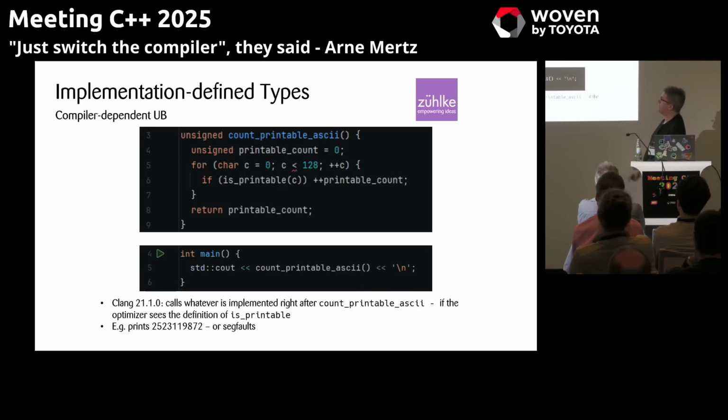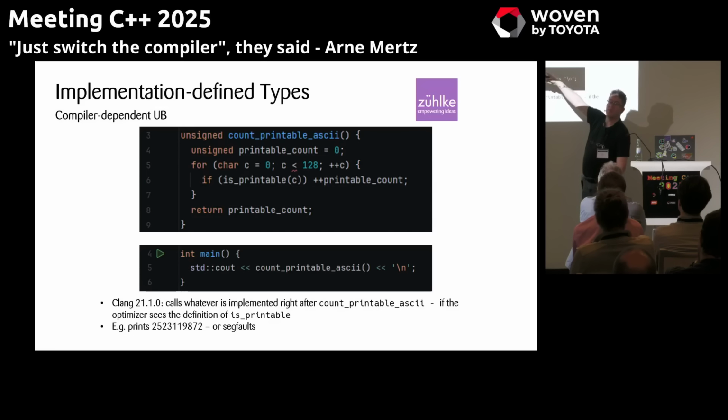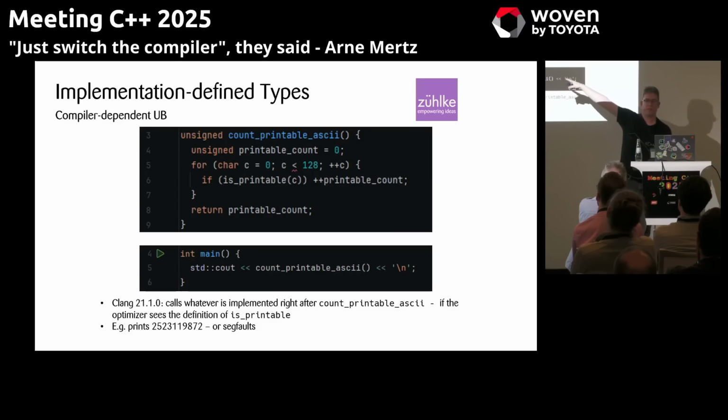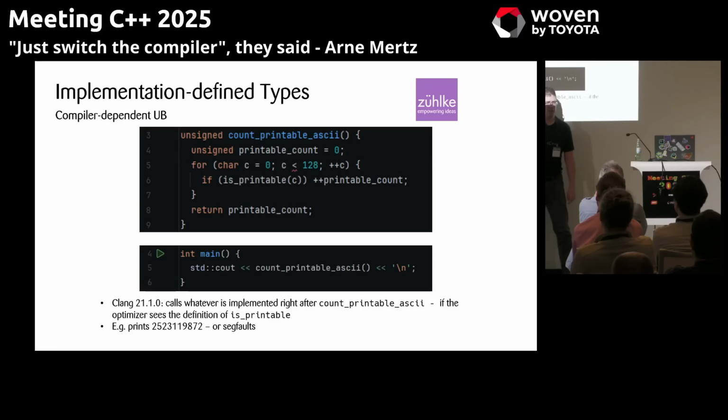And when you say, but I want to call this, then Clang says, well, let's see in the object file, well, count_printable, whatever is after that will be called. So if is_printable is implemented after count_printable, then I got this value.